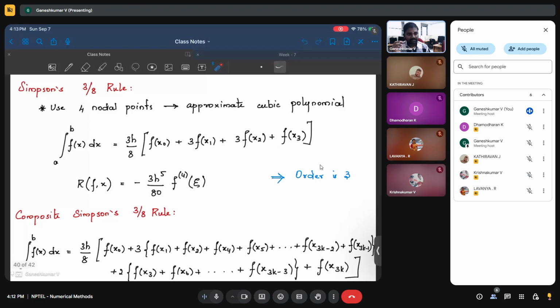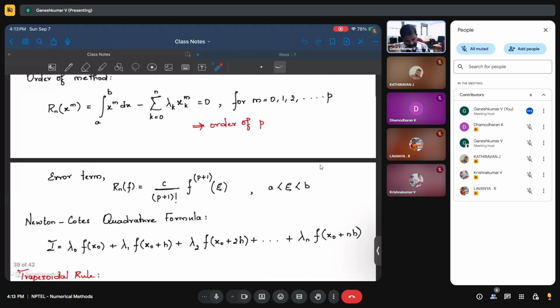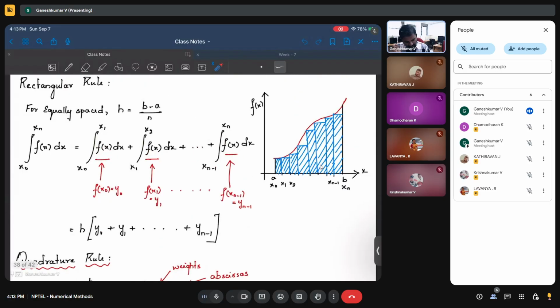And then we also have Simpson's 3/8 rule. It's just an update of the 1/3 rule, which is, instead of taking 3 data points and fitting a parabola, you take 4 nodal points and approximate it as a cubic polynomial. Which means for this you need 1, 2, 3, and 4.